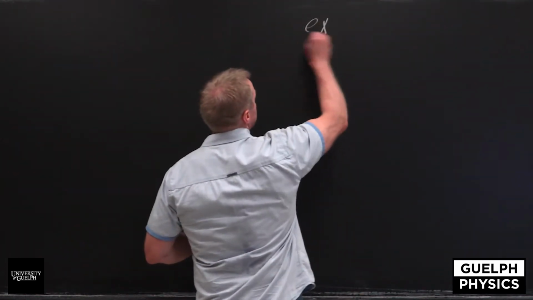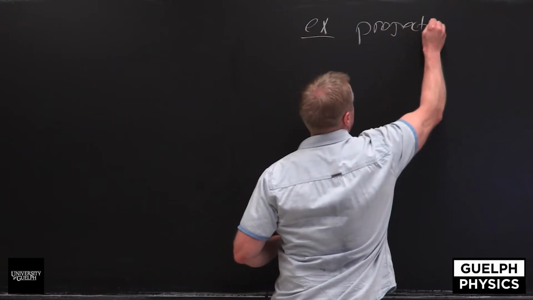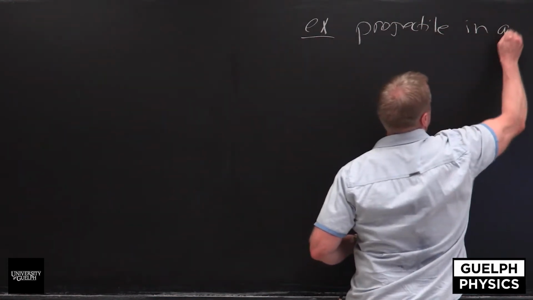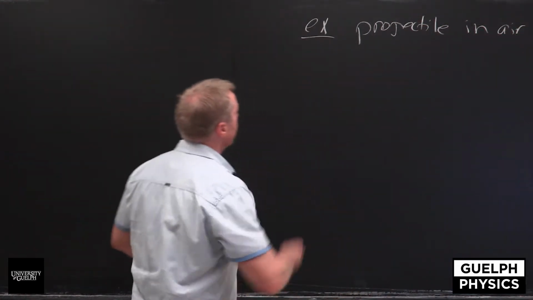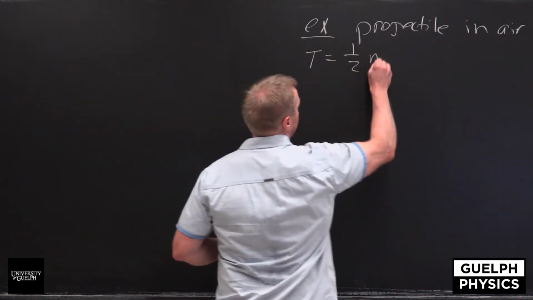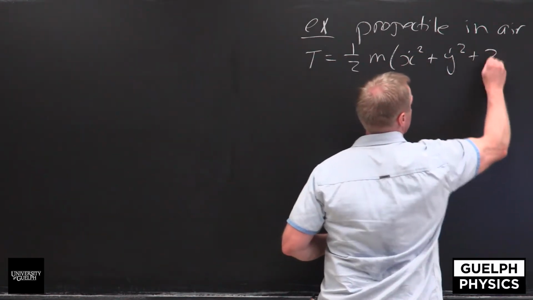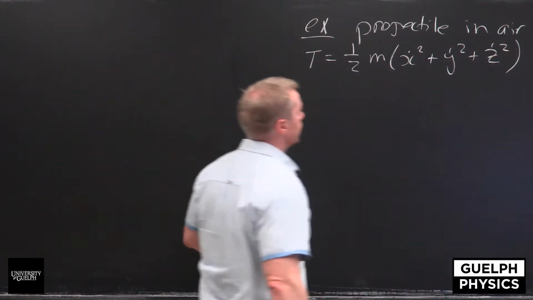So we're going to do an example now of a projectile in air. We have a kinetic energy term, 1/2 m (x dot squared plus y dot squared plus z dot squared).